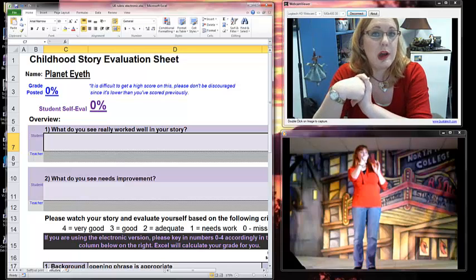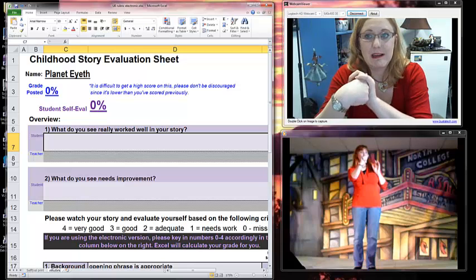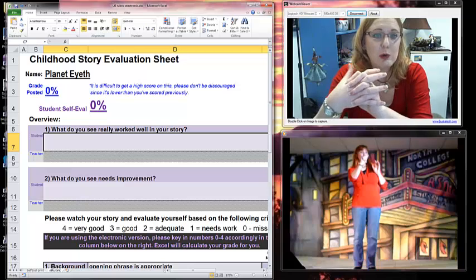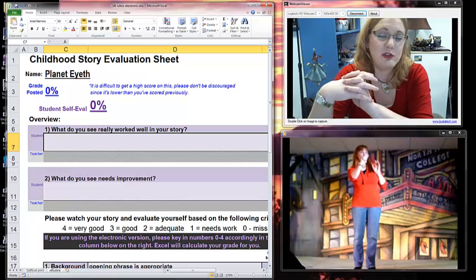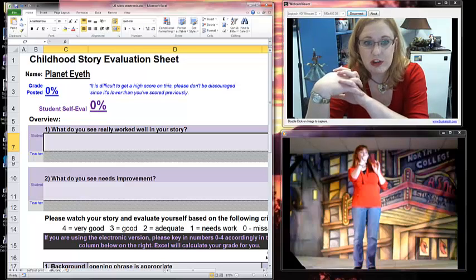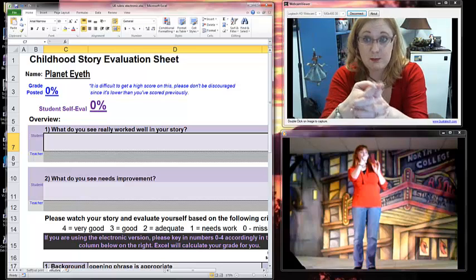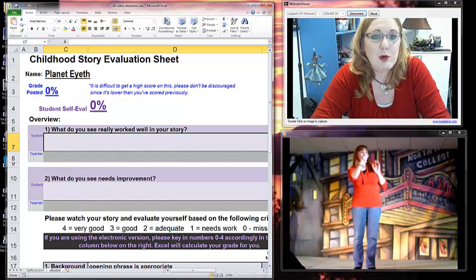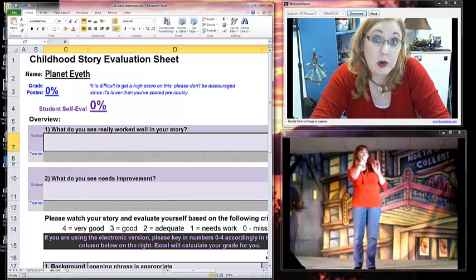I probably will not be giving video feedback unless there's something I really need to get across visually, at which point I will, but otherwise I just do not have the time. Instead, I'll be watching your video and looking at this piece of paper or this screen, and that's how I am going to judge your videos so that I can grade them, so that you can find out if you need to take the final or not.